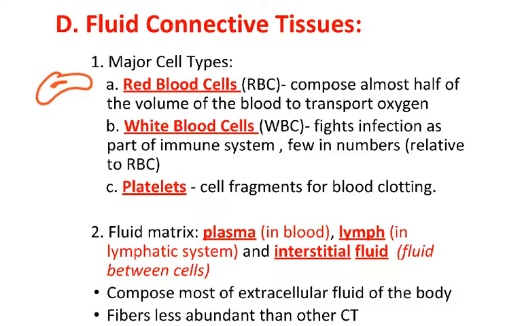White blood cells aren't as abundant as the red blood cells. They only make up a few percent of the cells found in blood. But they play a really important role in fighting off infection in your immune system, and they move throughout the blood and other fluid tissues like lymph, and they can even flow inside of your loose connective tissues to help seek out viruses and bacteria that can cause harm to your body.